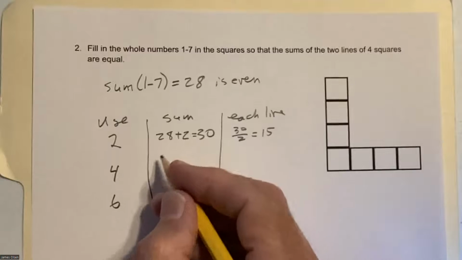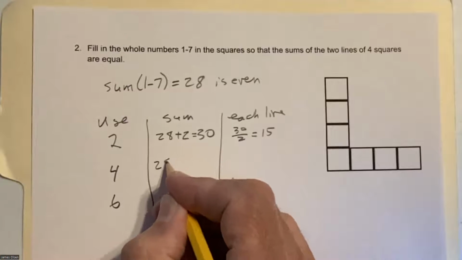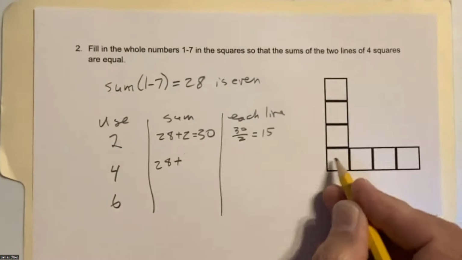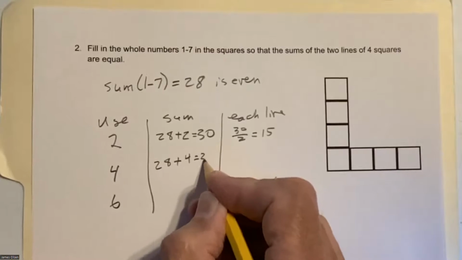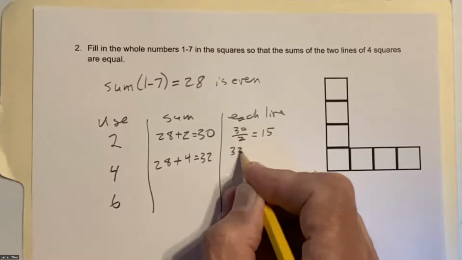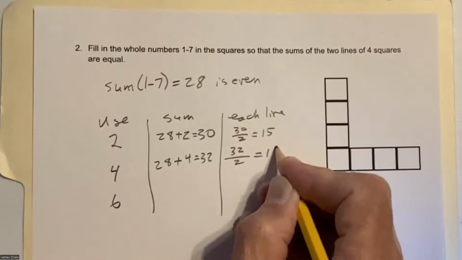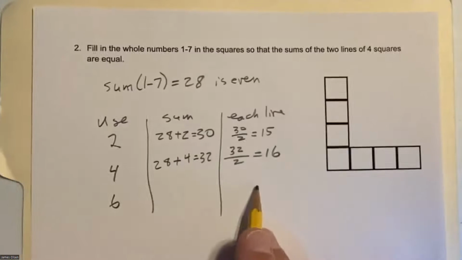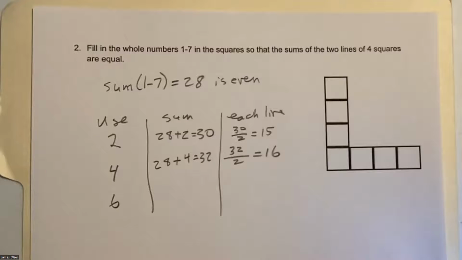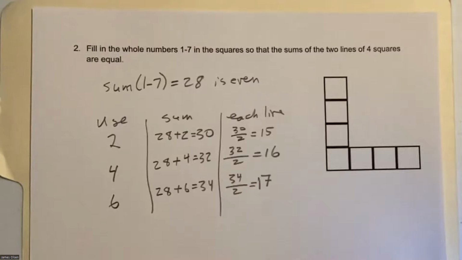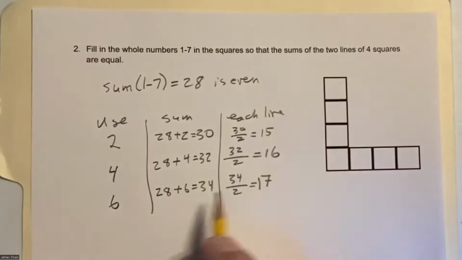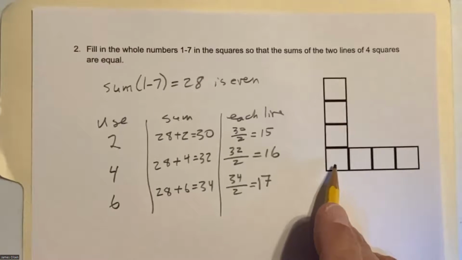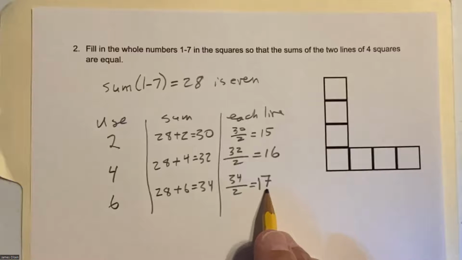In a similar manner, here we have 28 plus the 4 that gets used a second time, which is 32. 32 divided by 2 is 16. And now fill this one in yourself. If I use 6 in the key position, each line will be 17.